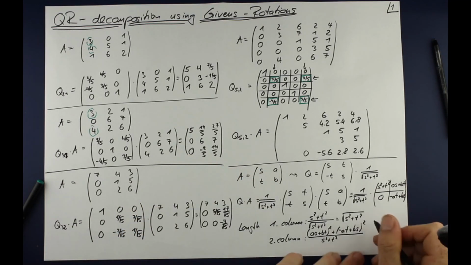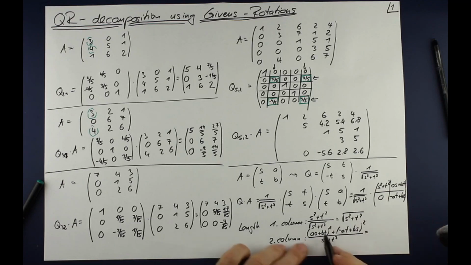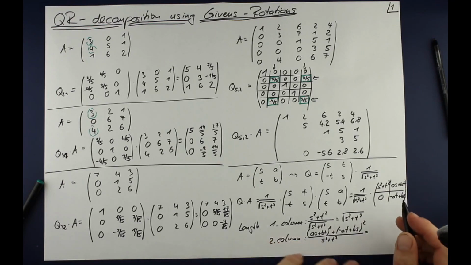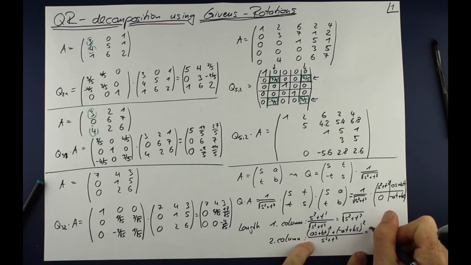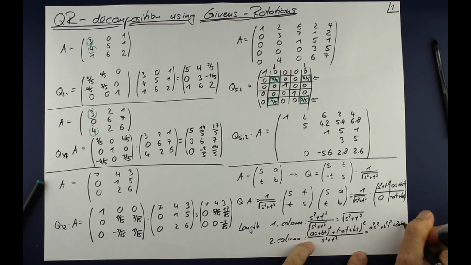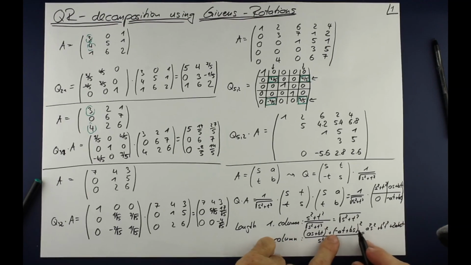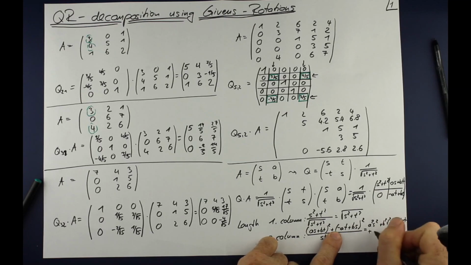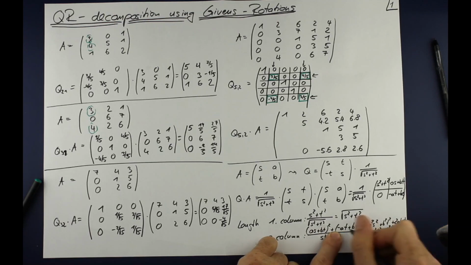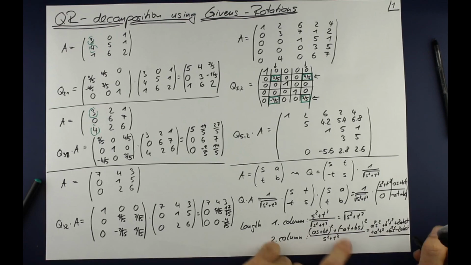But we don't see it at first moment, so you have to expand these parentheses. Then we have A squared S squared plus B squared T squared plus 2ABST. And then from here plus A squared T squared plus B squared S squared minus 2ABST, divided by S squared plus T squared.